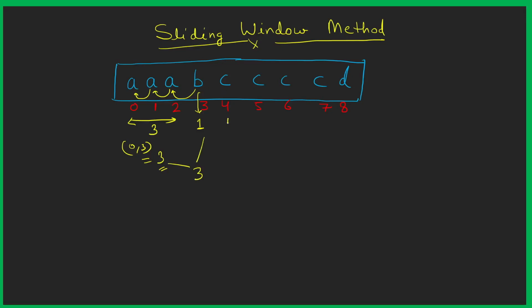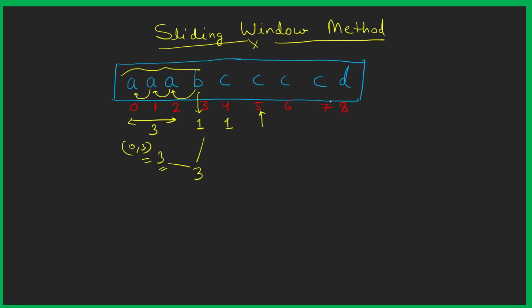Now you will set the window size of this C as 1. Correct? So till now the power is 3 and here we are setting the power of this C as 1. Now we will move to the next C and say C is equal to C, C is equal to C.